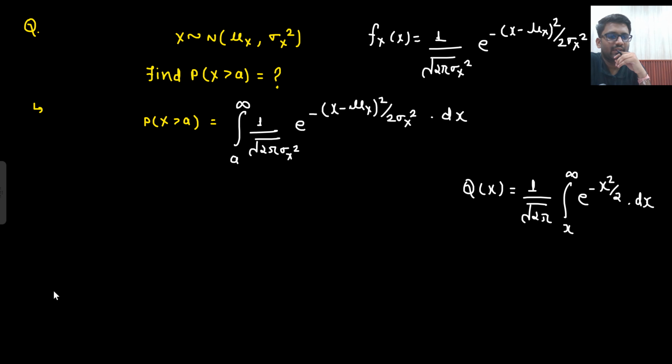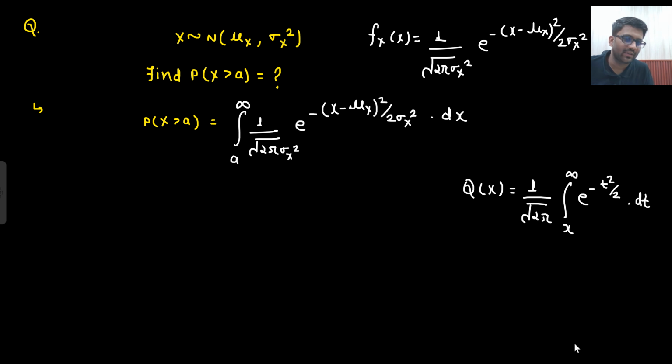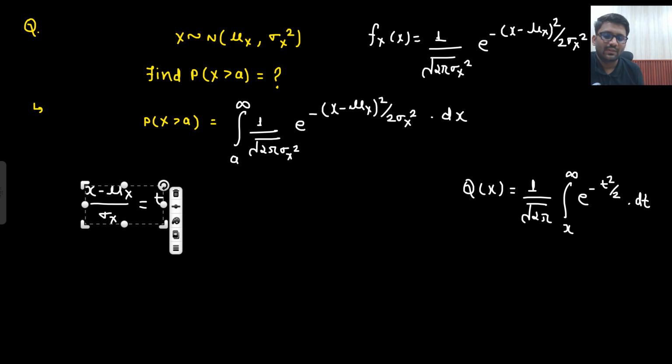Will you be able to relate? What you need to do? Here you need to put t square by 2 dt. So what do you think I should do? x minus mu x divided by sigma x should be equal to t. If I put x minus mu x divided by sigma x equals t, what will I be getting?